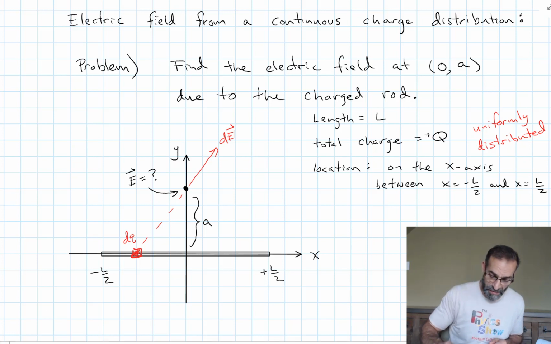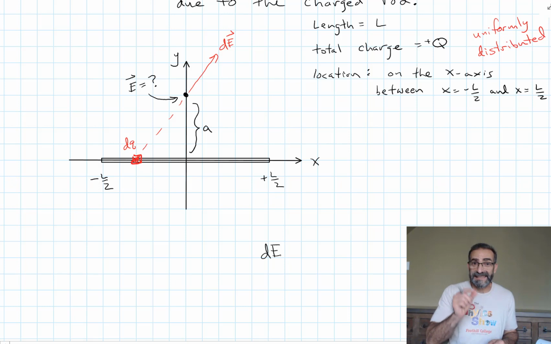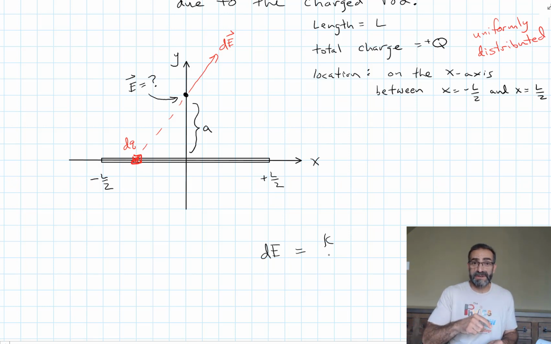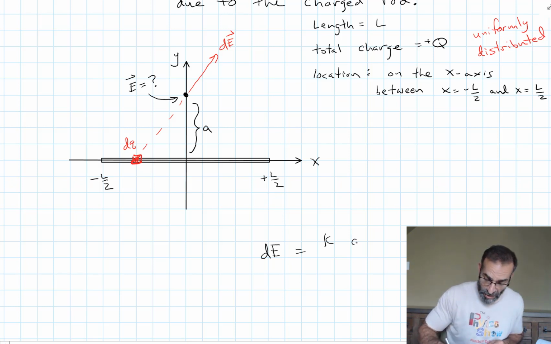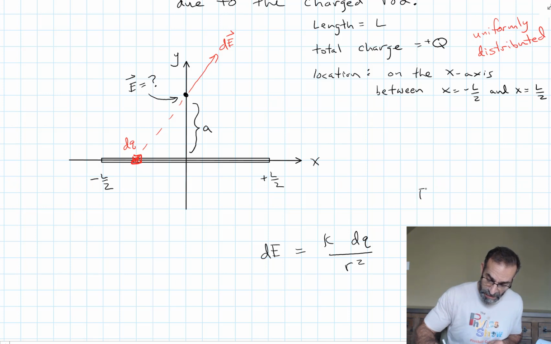So we know that dE, the electric field due to that little tiny chunk, is equal to K times the amount of charge, which I'm calling dq, over the distance squared, right? Because the electric field from a point charge is K Q over R squared.